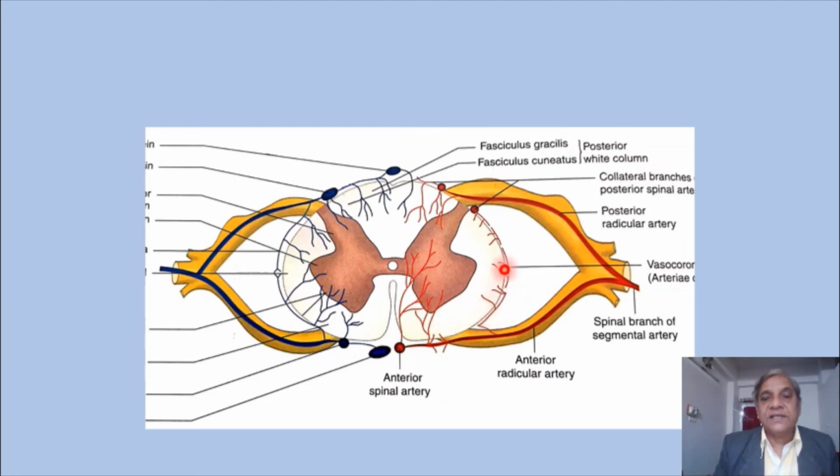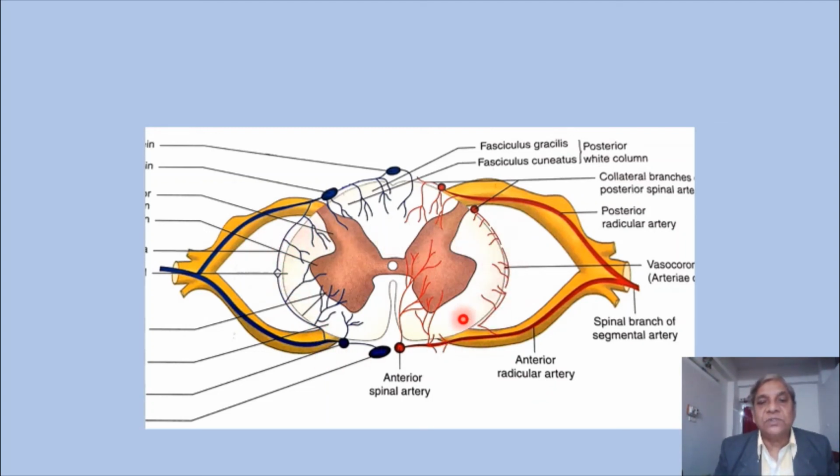It will send branches laterally, from the anterior side, from the medial side through the anterior median fissure groove here, and this is the posterior radicular branch which will also anastomose with the branches of the posterior spinal artery. Thus, if you see here, the anterior spinal artery and associated branches are responsible for the ventral two-thirds supply of the spinal cord.